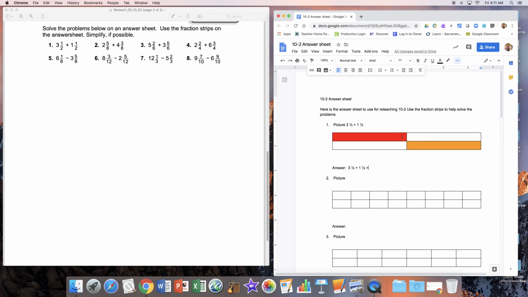You can see that makes a whole. This piece and this piece make one whole. So that means this is going to be 5. That's what I expected to see.